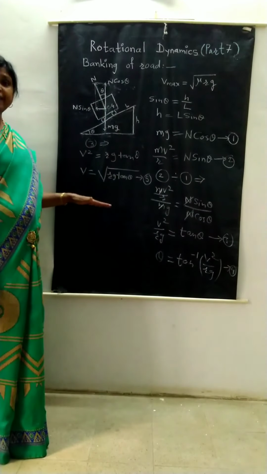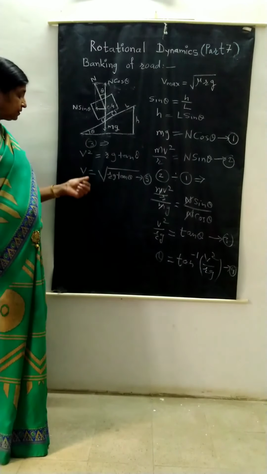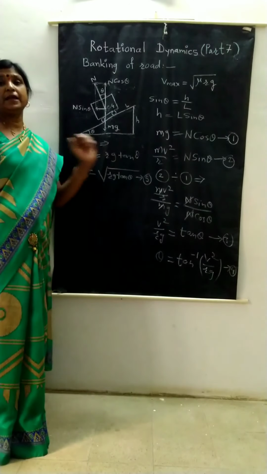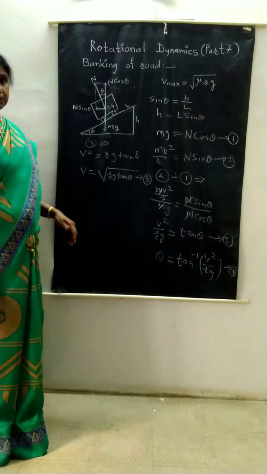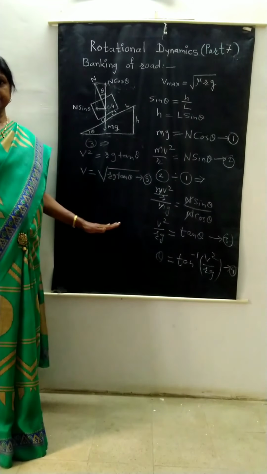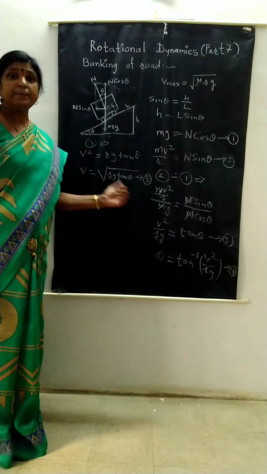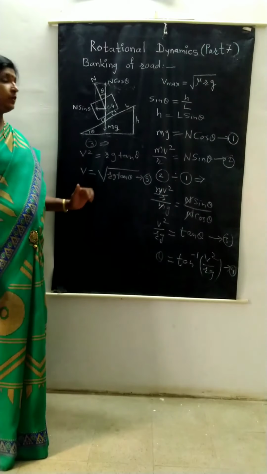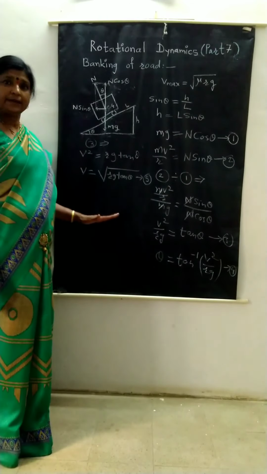We cannot always drive with the exact speed given by equation number 5. Therefore, what is the lower limit and what is the upper limit of the speed? This we are going to calculate right now.